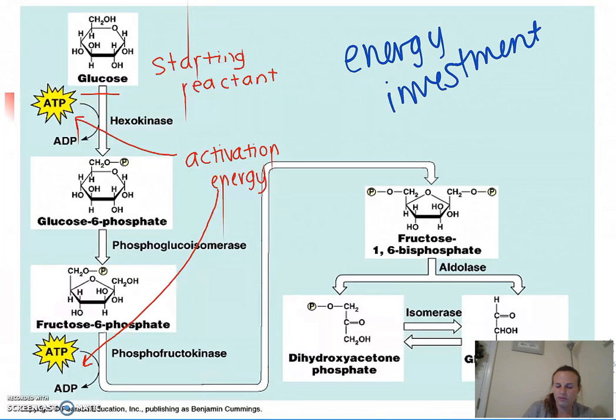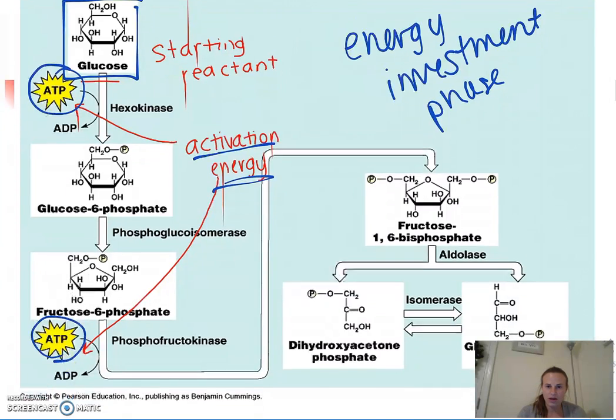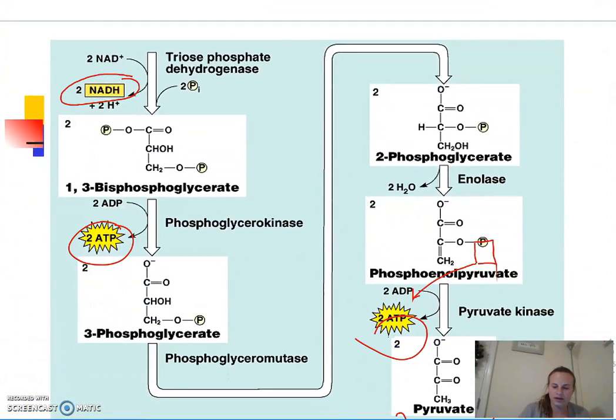The first step we know is that starting reactant glucose using 1, 2 ATPs as the activation energy. And at the end of this investment phase, you're going to end up with glyceraldehyde 3-phosphate, which is also known as G3P.